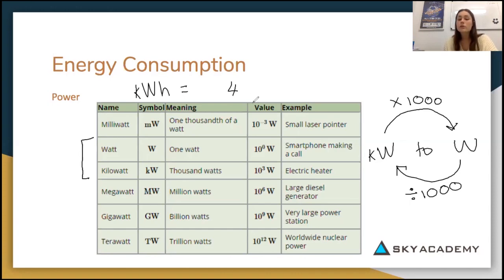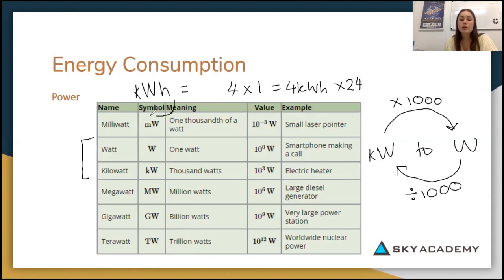If you wanted to find the kilowatt hours over a whole day, you would do 4 kilowatts per hour, which is what the light bulb uses, and if you're running it for 24 hours, you do 4 times 24. So kilowatt hours is another unit of measurement that we use.